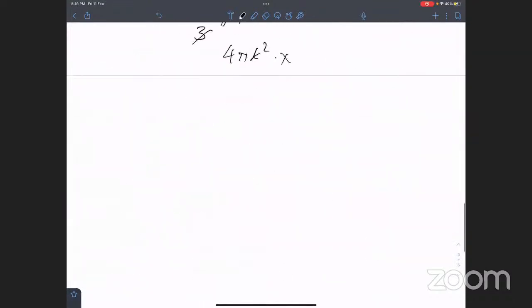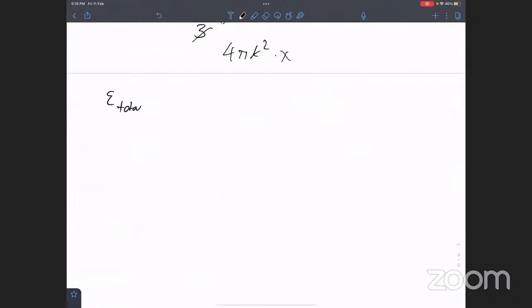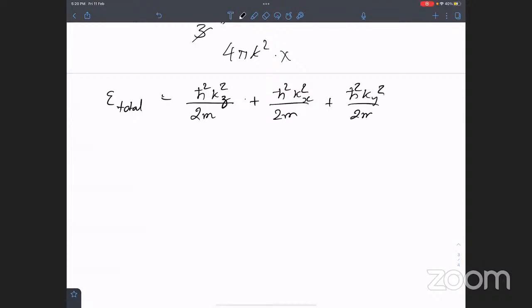But now in 2D, the total energy, E total, is nothing but ħ²kz²/2m plus ħ²kx²/2m plus ħ²ky²/2m.